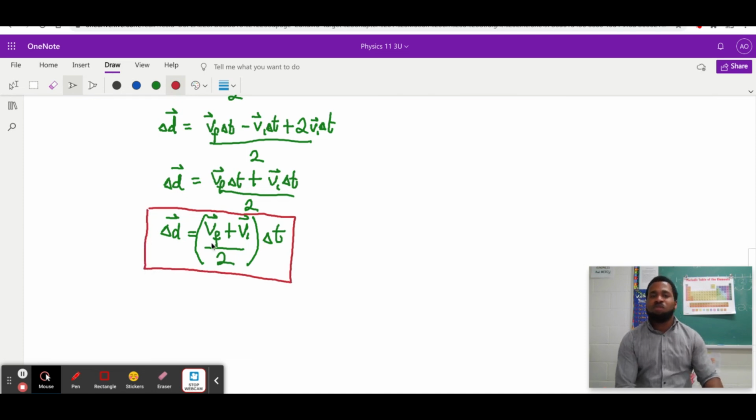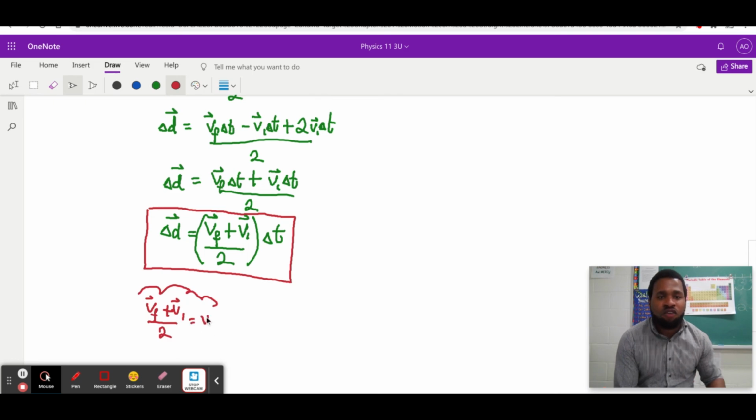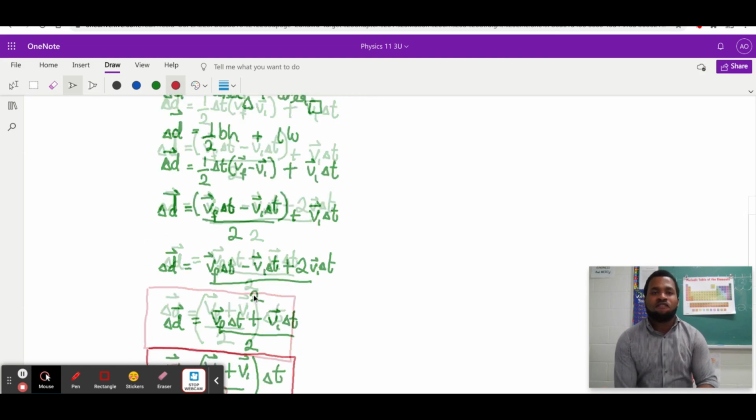So acceleration is not present, or you can say it is independent of the acceleration. And take note that v final plus v initial, all divided by 2, is the same as our average velocity. So you can also re-express this as average velocity times change in time is equal to our displacement. So that is how you're able to find our first equation.